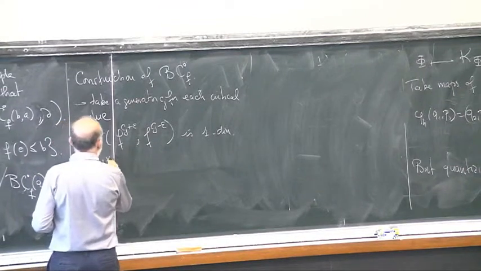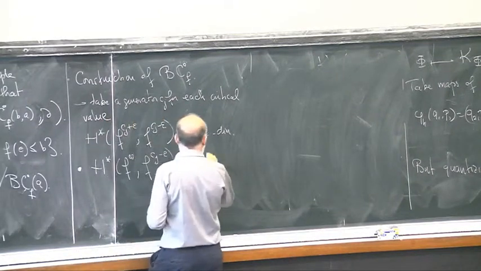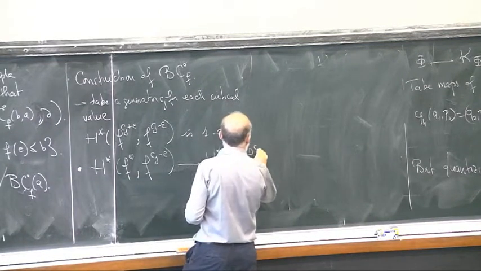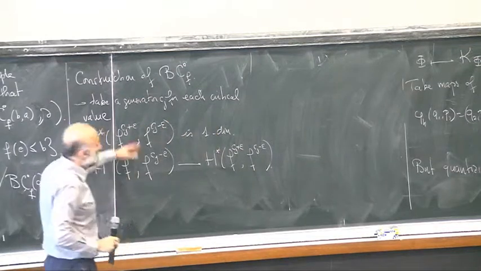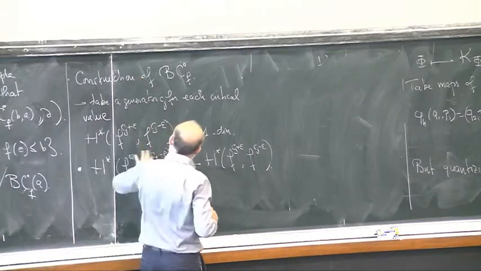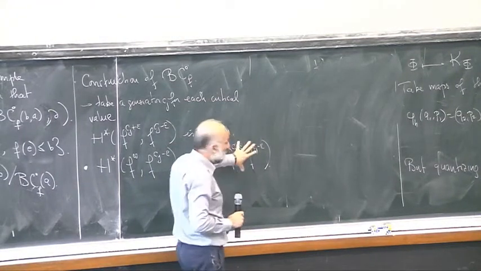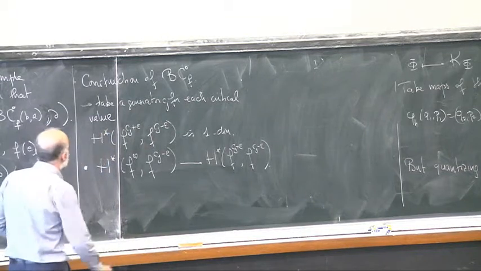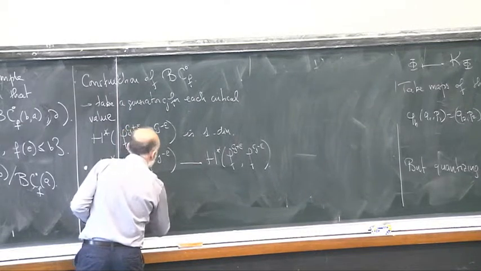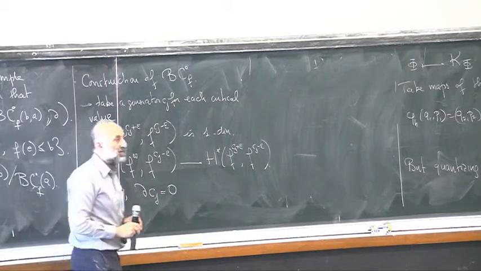If I'm looking at the cohomology of f infinity mod f Cj minus epsilon, where f infinity means just I take very large values, I look at all the cohomology that's above level f Cj minus epsilon, and I look whether I can induce the class I have here. Here I have only one class. So if this map is onto, then I write boundary of Cj is 0. Here I identify the generator with the critical value.